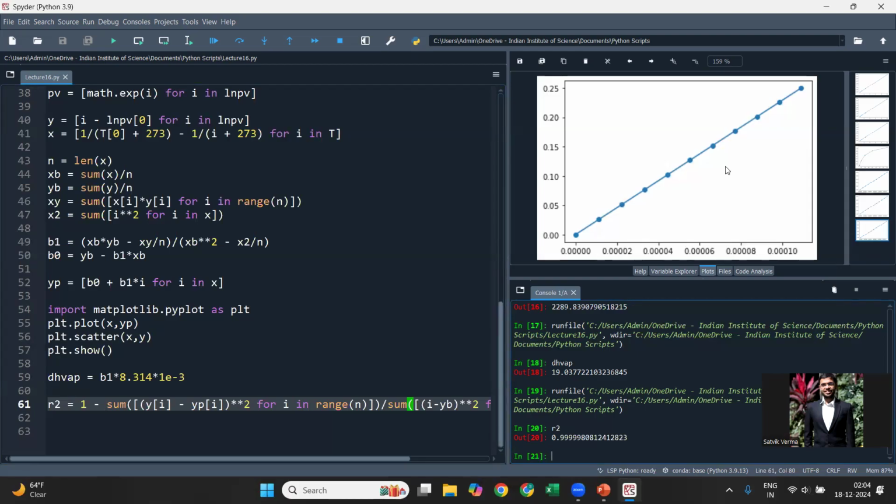So these are a few examples of linear regression. You could have multiple such examples in the chemical engineering courses that you're taking, or in your research if you're doing that. You could come across multiple such examples, and you could apply these concepts there. So this could be very, very helpful.